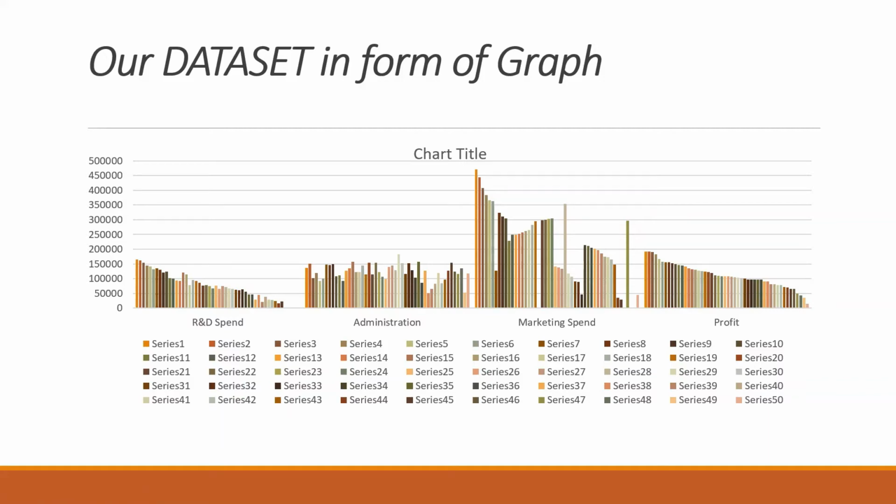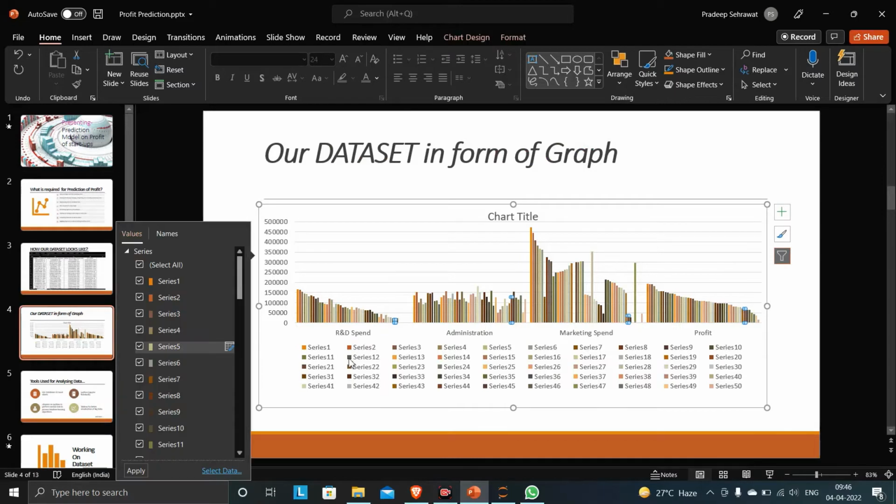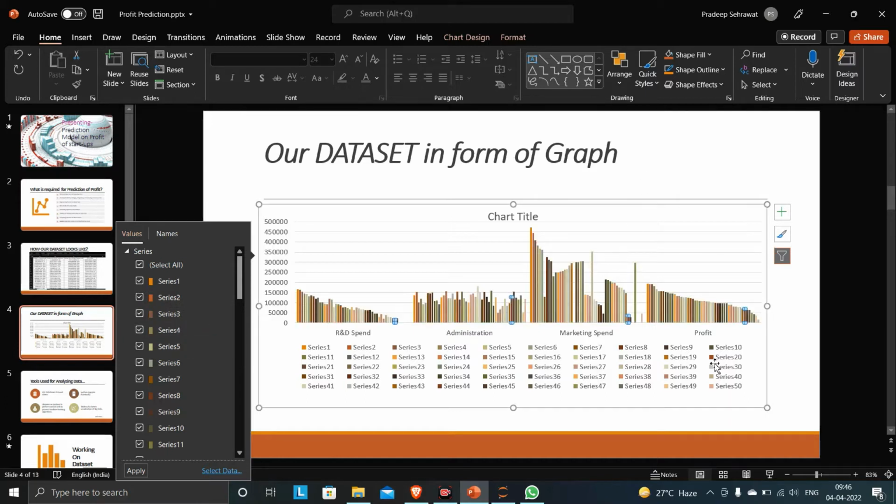So we can see more things. If I place my cursor on series 1, I get the data of startup series 1, series 2, series 3, series 4. So we can do it like this also.